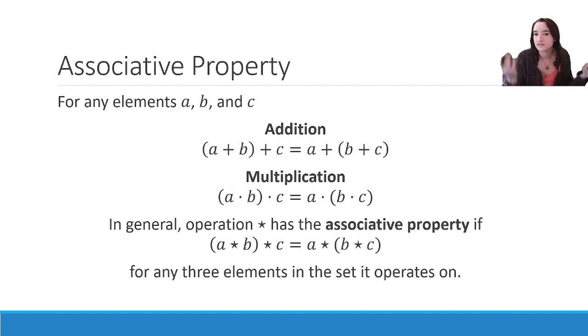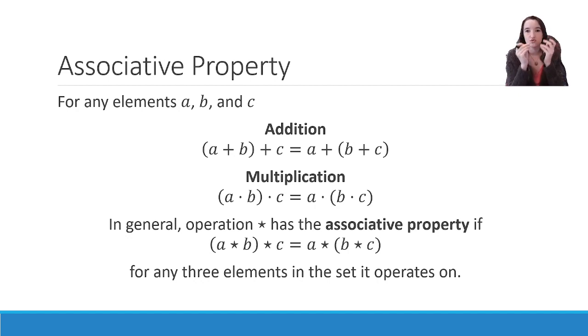So in general, let's say we have the operation star. We are going to use names of operations that are not just plus and times in the future. We are exploring addition and multiplication because those are the ones we know, but when we study this subject, we want to think about it a little bit more abstractly. So in general, associativity means (A star B) star C equals A star (B star C).